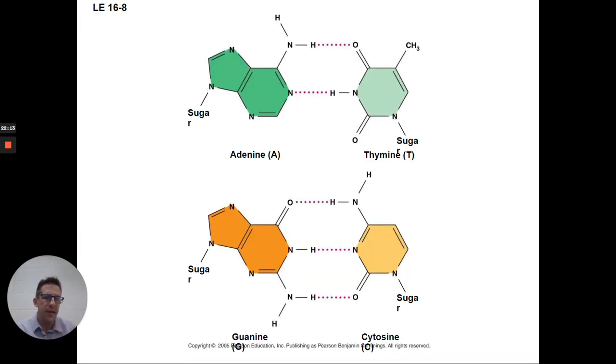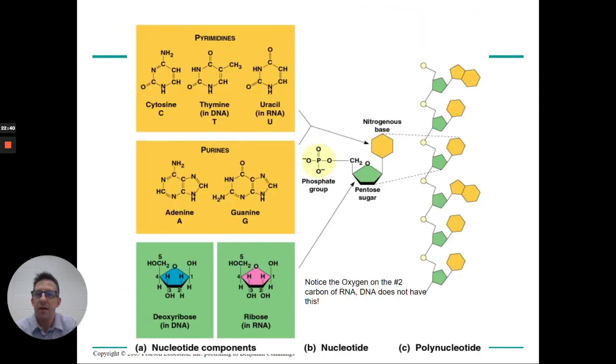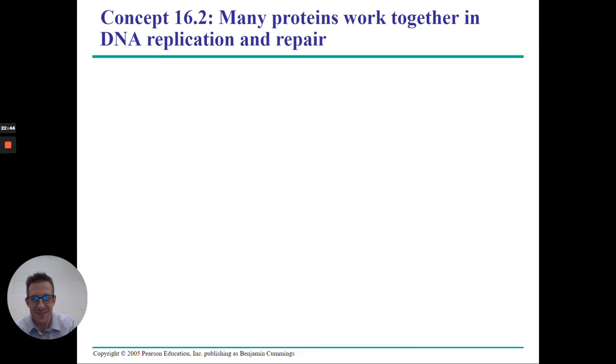So ultimately, the adenine is the purine, and the thymine is the pyrimidine, and the guanine is the purine, and the cytosine is the pyrimidine. You might want to go ahead and just try to memorize those, because obviously I haven't.